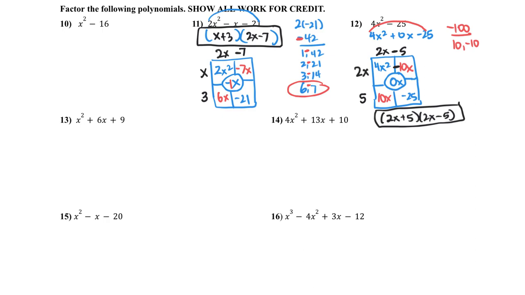And lastly, I want to talk very briefly about 16. When we have a 4-term polynomial, we have all 4 boxes covered. We don't have to figure anything out. There is no middle term. So we start in the upper left with our x cubed, then minus 4x squared, 3x, and minus 12.